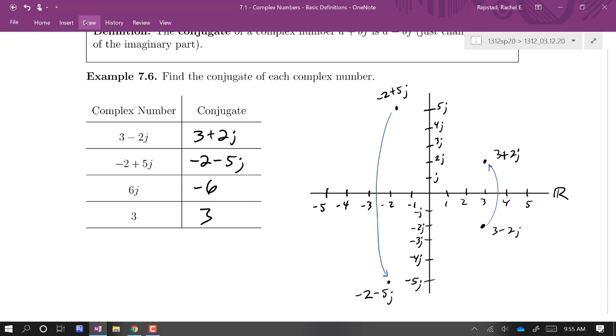We started with 6j up here, and then its conjugate was down here at negative 6j. Again, just flipping over the real axis. And now we have that same geometric interpretation when we consider the conjugate of 3. When I reflect 3 about the real axis, it stays where it is because it's on the real axis. It doesn't move anywhere.